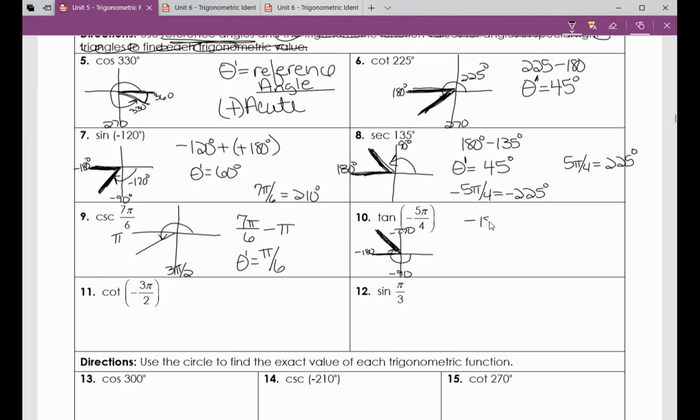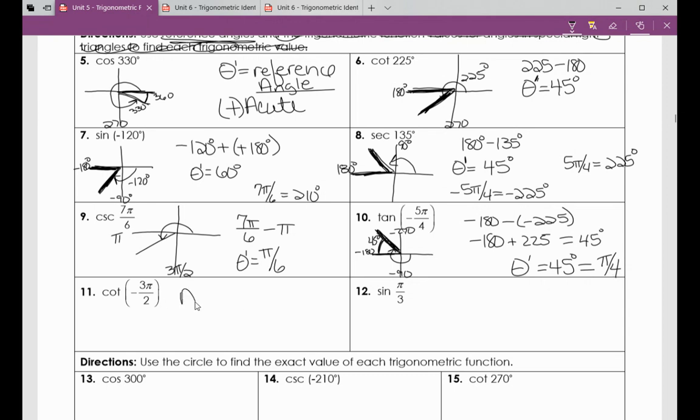So negative 180 minus negative 225 becomes negative 180 plus 225. And that means it's a 45-degree angle. This measurement right here is 45 degrees. Now, they gave us a radian, they want us to put it back in radian language, and 45 degrees is the same as pi over 4. You can get that off your unit circle.